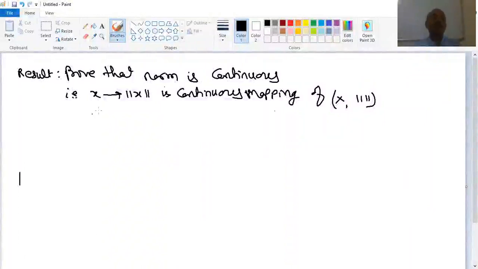Norm is continuous; another meaning is that x tends to norm x is a continuous mapping from the normed space X into R. This is a mapping.